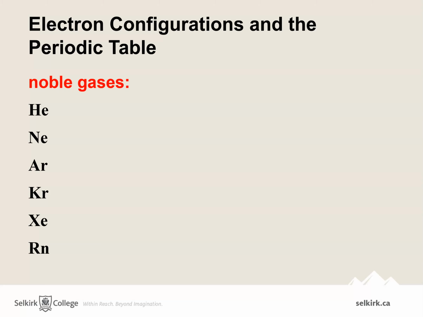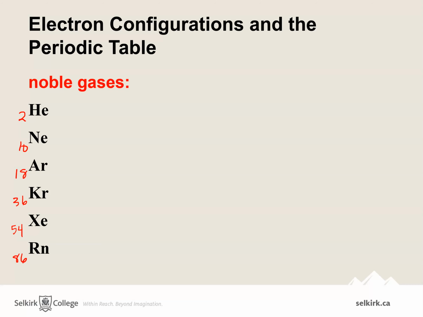Now, as I said in the last video, to do this, you're going to need to have a periodic table with you so that you can know how many electrons we're going to place. If you don't have a periodic table, pause the video and go get one. All right, helium is number 2, neon 10, argon 18, 36, 54, 86.